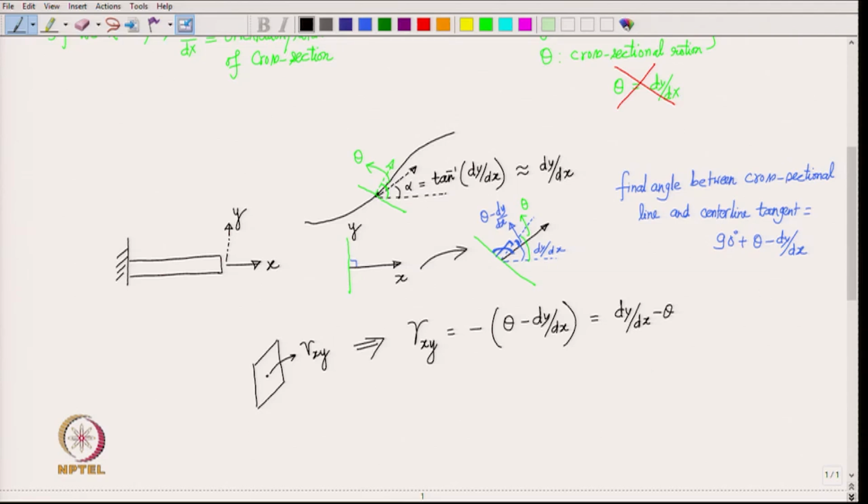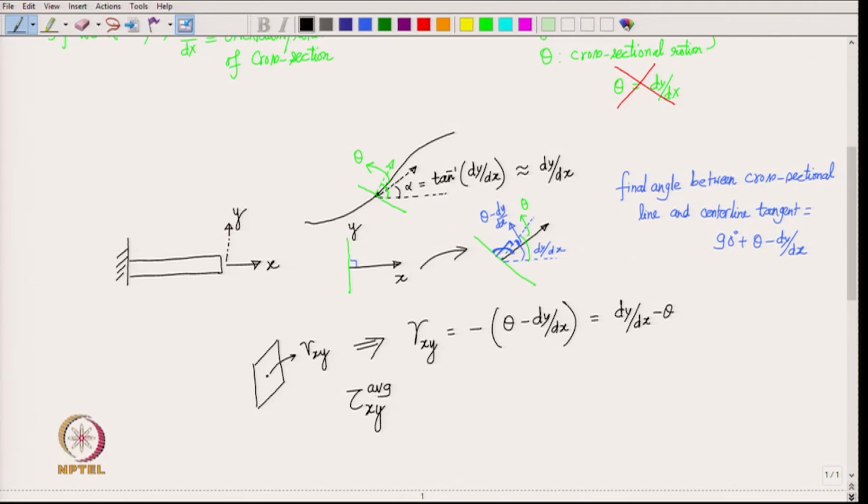Now, can we relate it to the shear force that is acting in the cross section? Supposing that the shear force in the cross section is V and the cross sectional area is A, then what is the average shear stress? So, what is tau x y average?